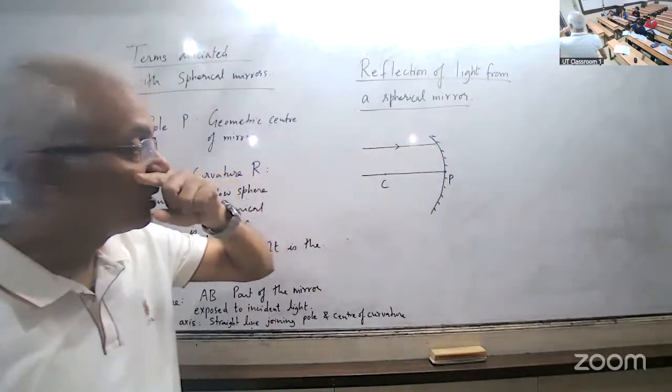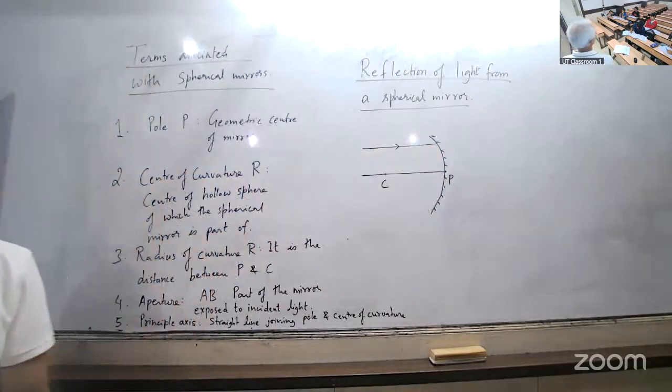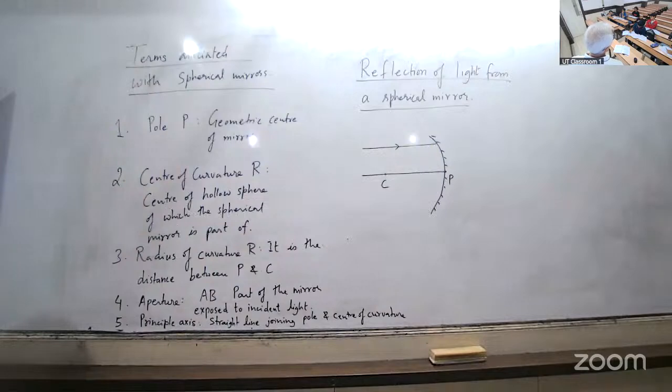So what do I need to draw the reflected ray? How do I draw the reflected ray? What do I require for that? For that I need to know the angle of incidence.